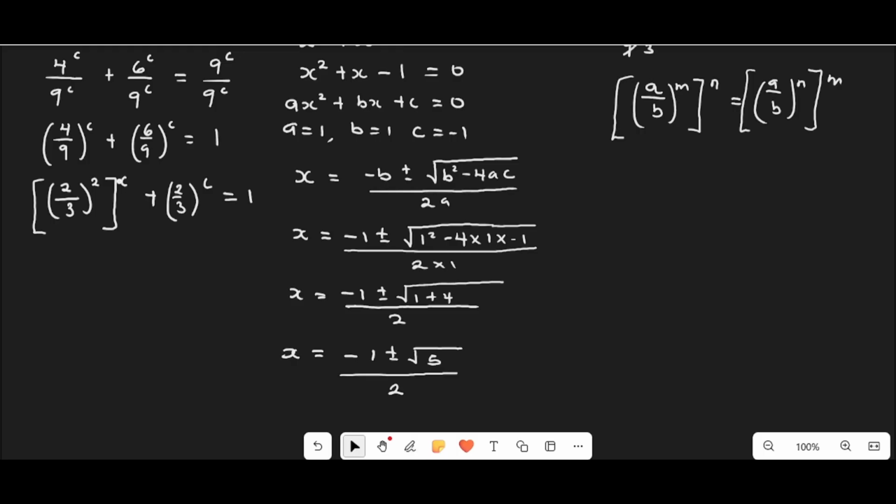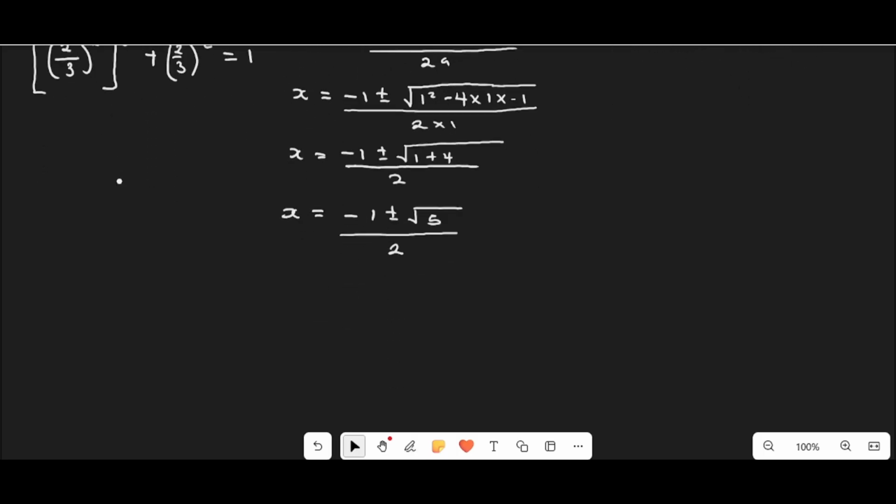So x equal to -1 plus or minus root 5 over 2. So we can say our x equal to -1 plus root 5 over 2, or x equal to -1 minus root 5 over 2.